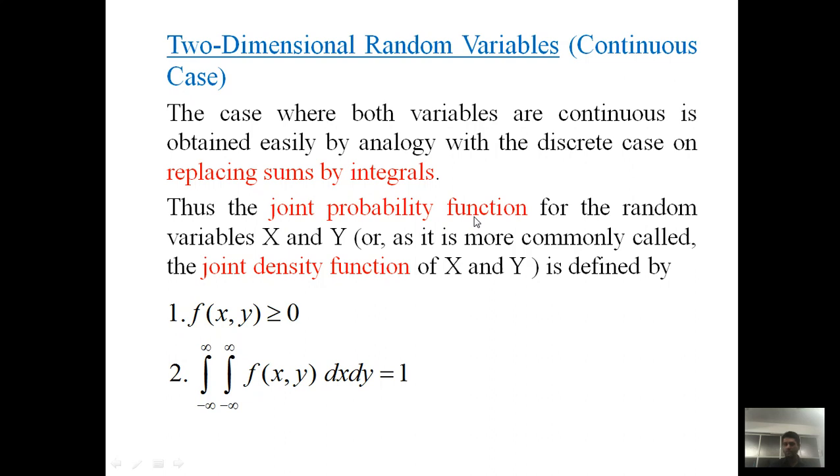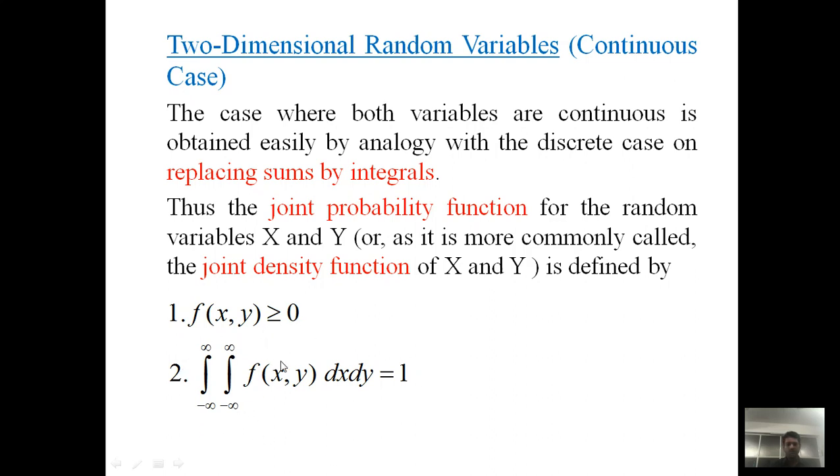So all the terms are equivalent. Definitely the probability must be greater than or equal to 0, so f of xy is greater than or equal to 0.